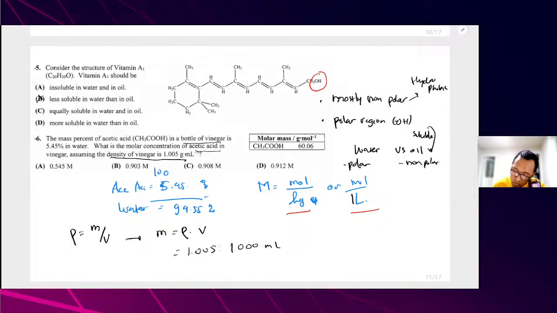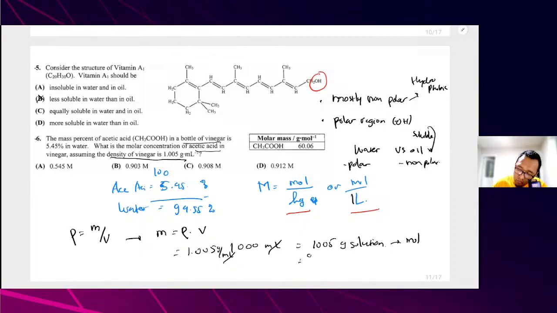This one is gram per milliliter, so we can cancel out milliliter. We end up getting 1005 gram of solution. Now we need to convert it to mole.